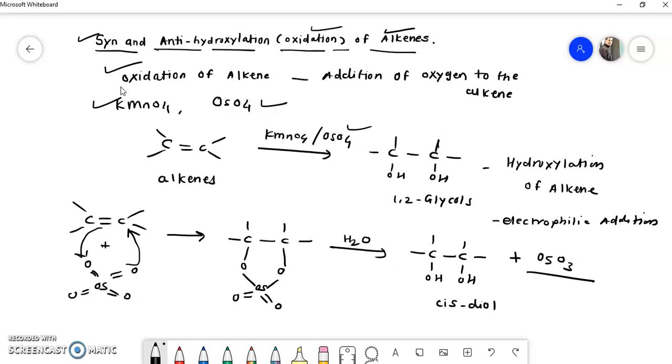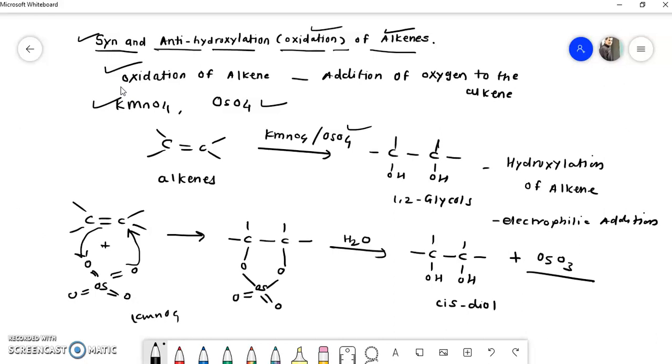Instead of osmium tetroxide, if we take KMnO4, then also the same mechanism is followed. Instead of osmium, only the metal manganese, along with potassium, will be here, and the mechanism will be the same. So in this way, alkenes can be converted into 1,2 glycols by the electrophilic addition of KMnO4 or osmium tetroxide along this double bond to form cis diol.